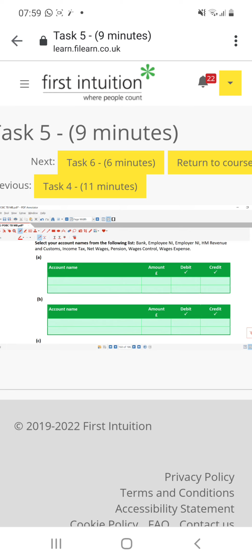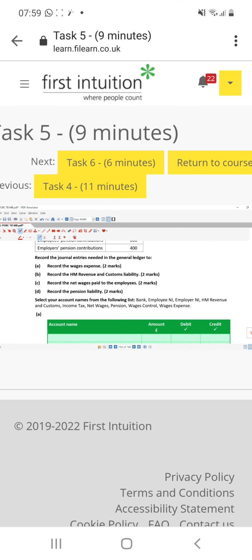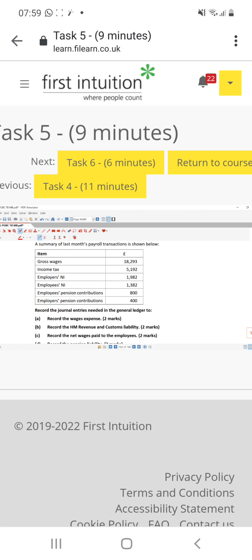When calculating this, it will be made up of not just the gross wages of 18,293, but the employer's national insurance contribution and the employer's pension contributions as well. If we add up all of those three items, the cost to the company will be shown as an expense in the account.